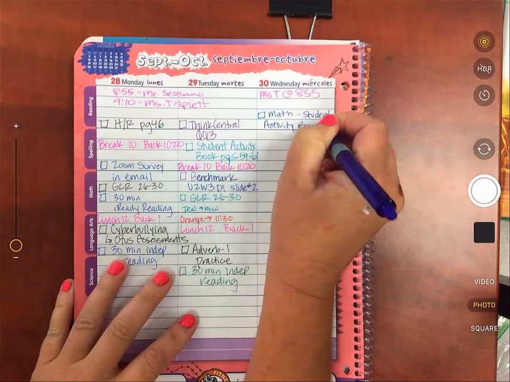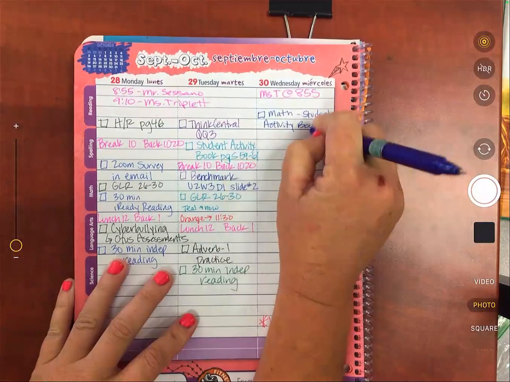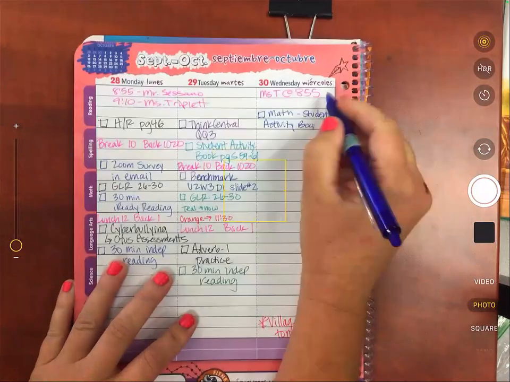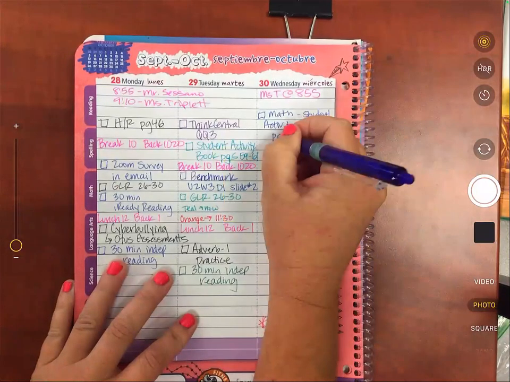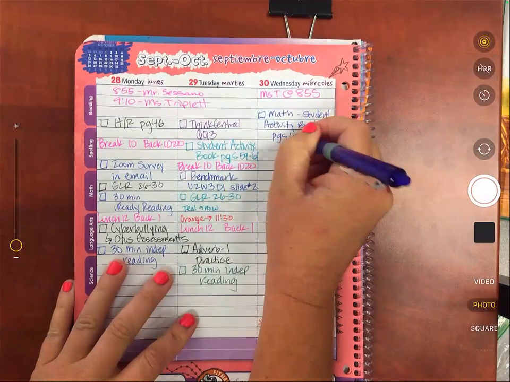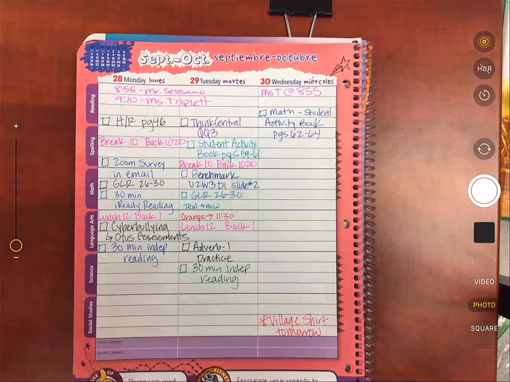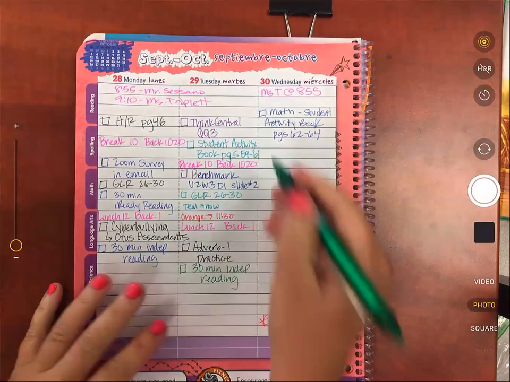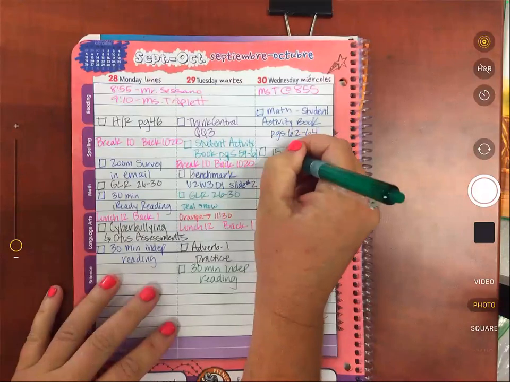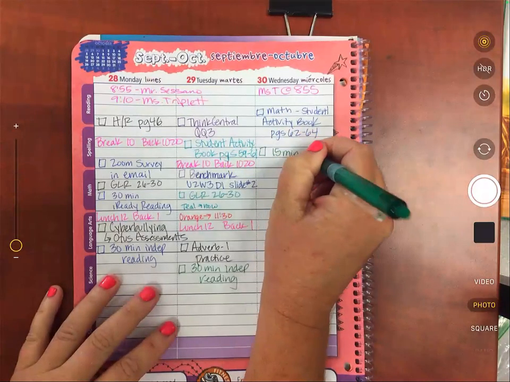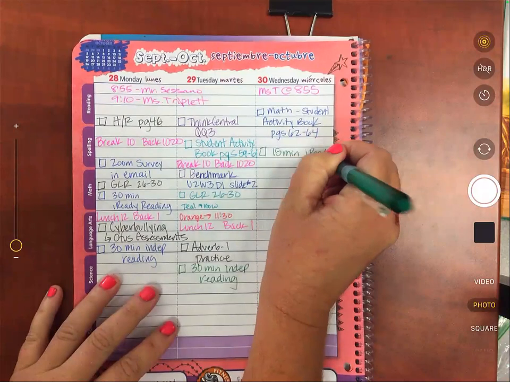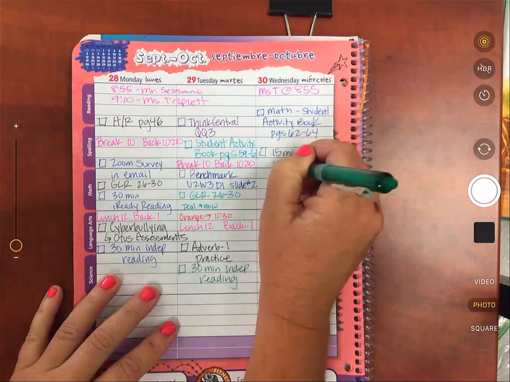Book doesn't have a P, book has a K. We are doing pages 62 to 64. And this includes Mr. Baker's kiddos. I would like to see 15 minutes of iReady Math.